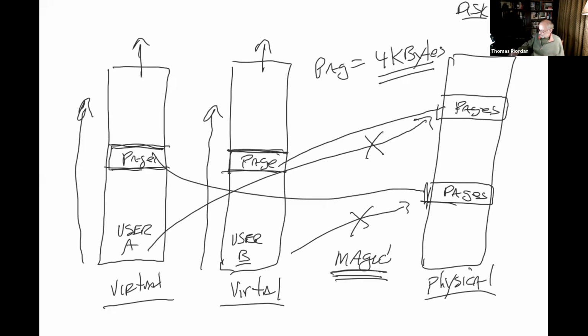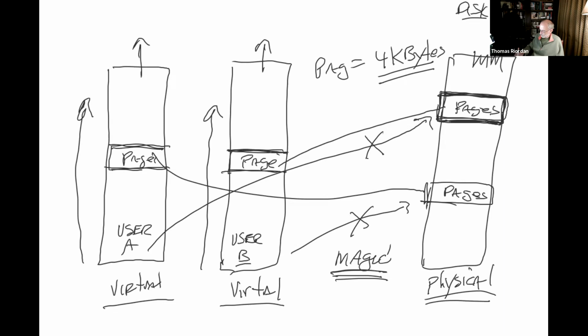And so pages are allocated in physical memory in 4 kilobyte pieces, because since you go out to the disk and you get 4 kilobytes, that 4 kilobytes is going to be associated with user A or user B or user C. And so you're going to put all of that data into main memory, of course, at the place where that page has been allocated.